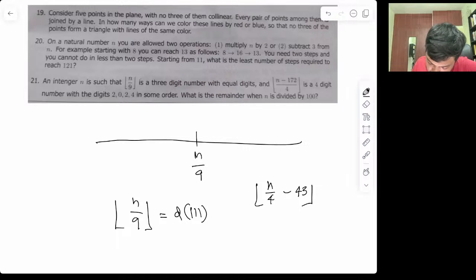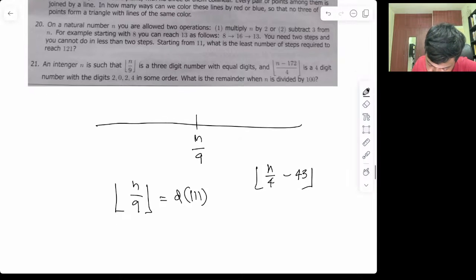So what does that mean? It means if I divide n by 9, 9q plus r, then the floor of n by 9 is q.